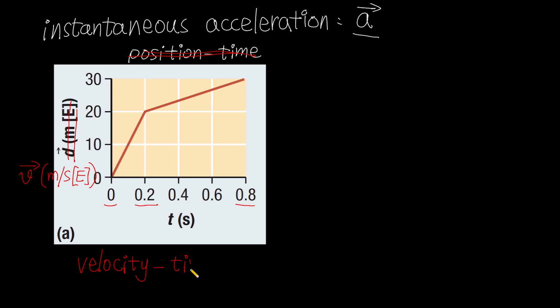If the velocity time graph is a straight line, the acceleration for the straight line part is a constant.